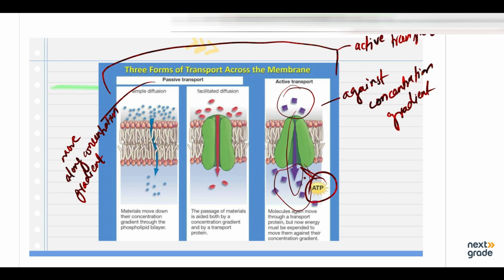ATP is a kind of link between the catabolism and the anabolism, right? Here in this picture, you can also see the passive transport and the active transport that is occurring. Here, materials move down their concentration gradient, and here, molecules again move through a transport protein, but now energy must be expended to move them against their concentration gradient, right?